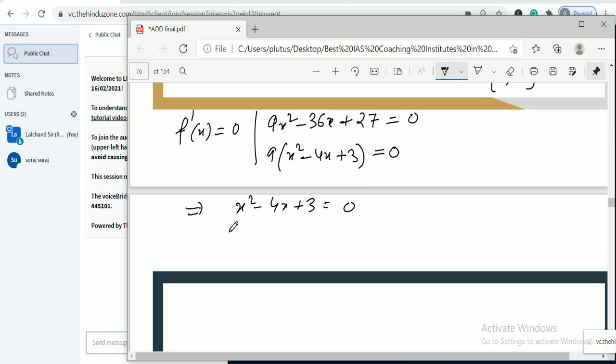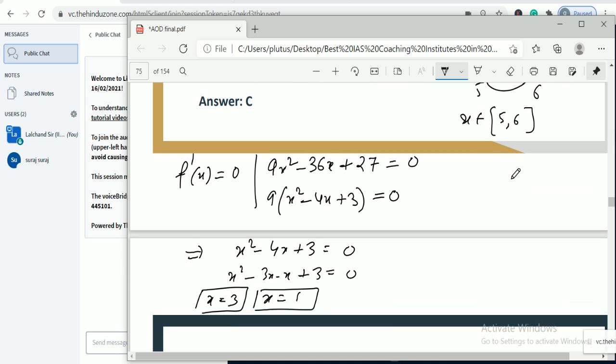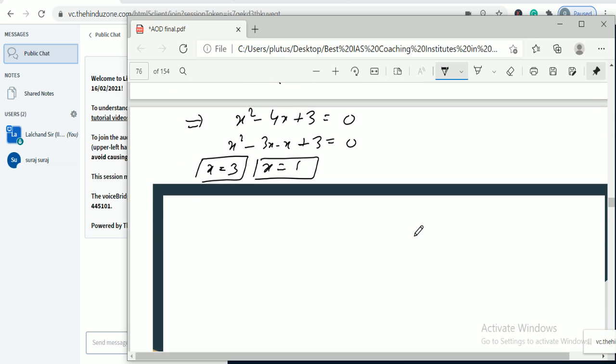Then x squared minus 3x minus x plus 3 equals 0. The value of x will be 3 and x equals 1, isn't it? Do these 2 points lie inside the interval? Yes, absolutely. These 2 points lie between 5 and 6. Okay, fine. These are our critical points, x equals 1 and x equals 3.